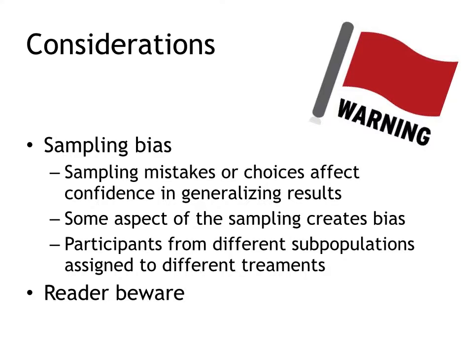So you need to be really, really careful looking for that. Sometimes there's an aspect of the sampling that actually creates a bias. And that's pretty obvious in things like purposeful or convenience sampling. Those are big red flags.